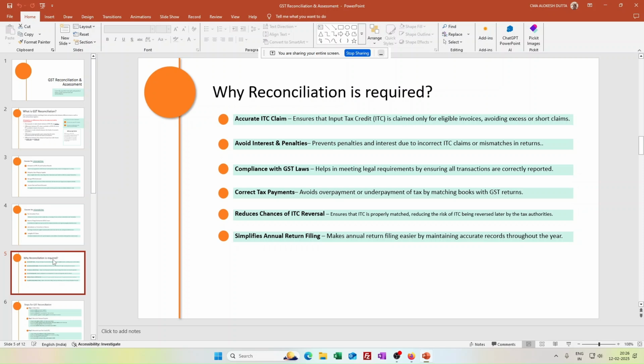Reduce the chances of ITC reversal. If you regularly reconcile each and every month, the reversal of ITC can be minimized. Simplifies annual return filing. If you regularly reconcile after each return, it will simplify your annual return filing.